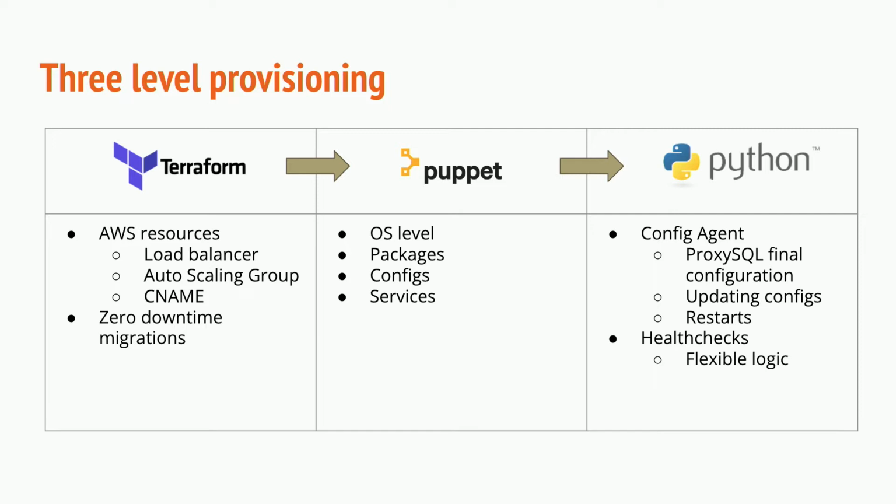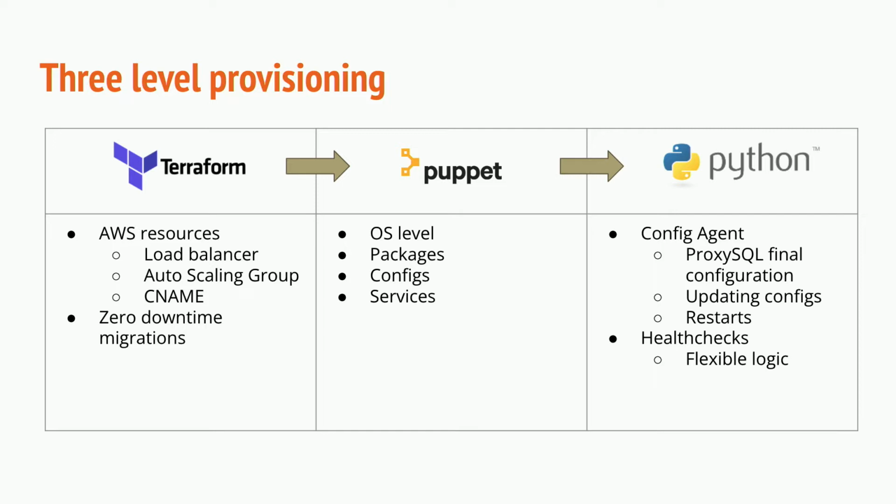So when Puppet works, it starts ProxySQL instance itself. It starts ProxySQL Manager, our Python software that manages ProxySQL. And the rest of the configuration is done by this Python software.